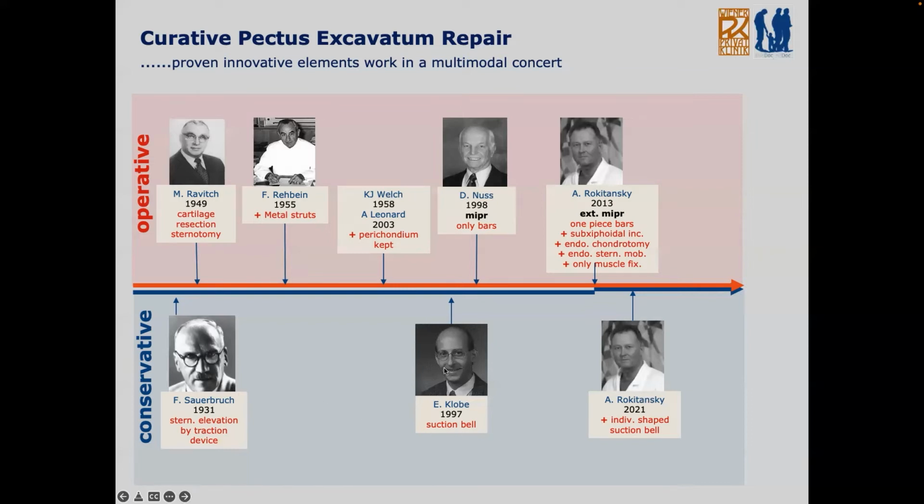Globe introduced a vacuum bell to flatten the funnel by suction. He found that for different thoracic deformities, there must be differently shaped vacuum suction bells that need to be individually fitted. This was my step in the development.